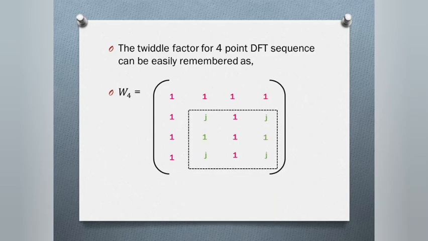Now, in this particular portion of the matrix, except this diagonal part, fill all the other elements with minus sign. So this is the matrix. It is easy to remember. You need not calculate each and every time.